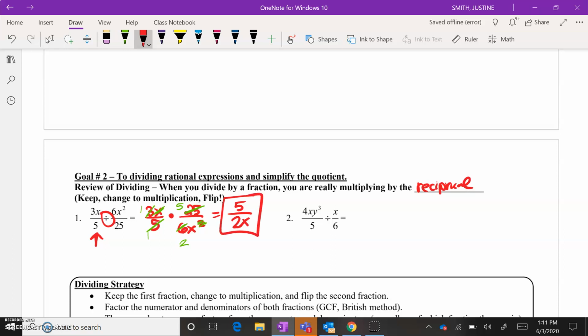Okay, and the next one here, 4xy cubed, right? Keep, change, flip, and I can multiply across to get 24. I'm going to cancel out my x's. Okay, so 24y to the third over 5.